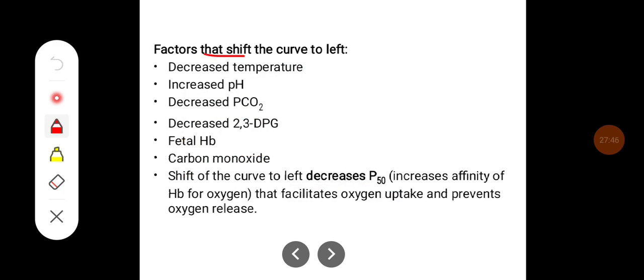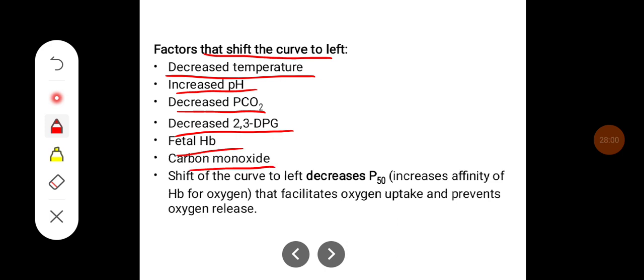These are the factors which are going to shift the curve to the left side: decreased temperature, increased pH, decreased PCO2, decreased 2,3-DPG, fetal hemoglobin, and carbon monoxide. Okay, so these are going to decrease P50, which facilitates oxygen uptake and prevents oxygen release.